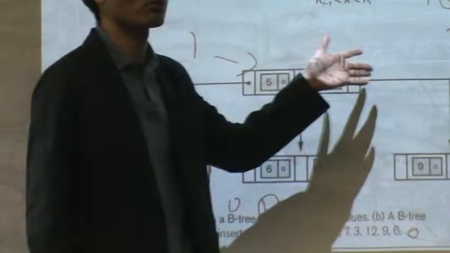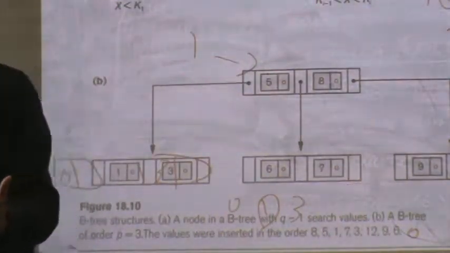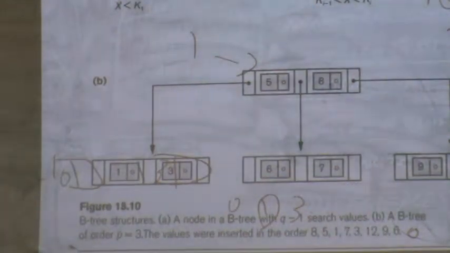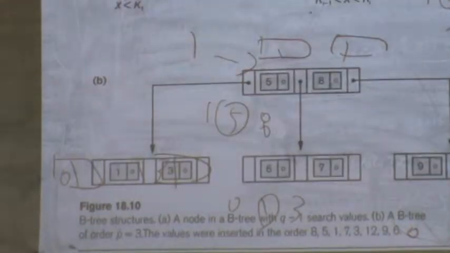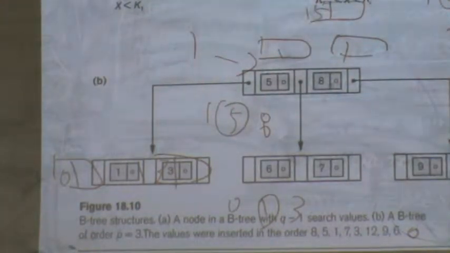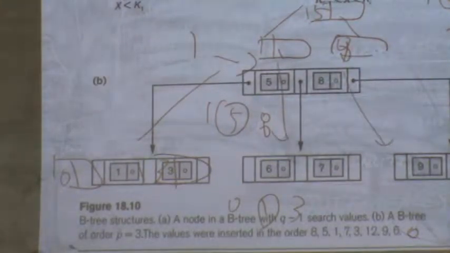Unfortunately, the next one is 4. It's the same procedure. Then split into 2, and we have 1, 5, 8. So 5 is the middle value. The middle value will be promoted, and 1, 8. So we can make it like this one. That's what we did before.